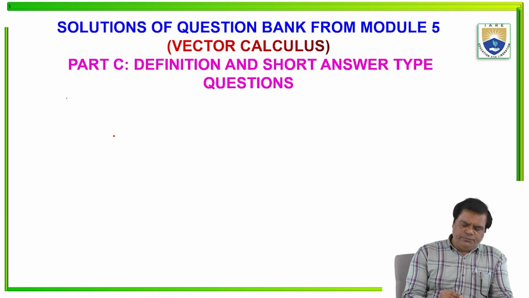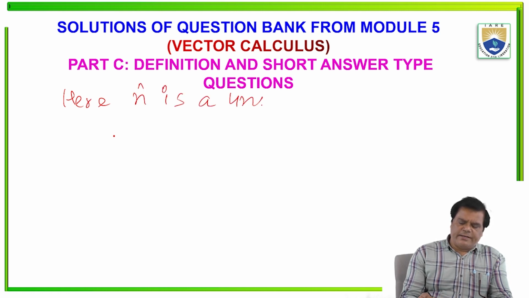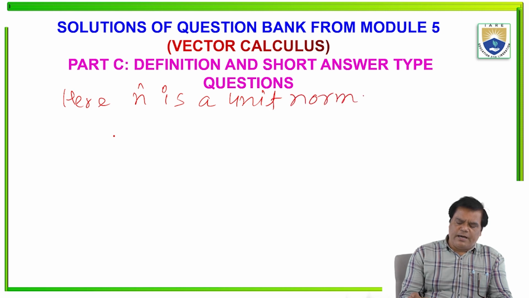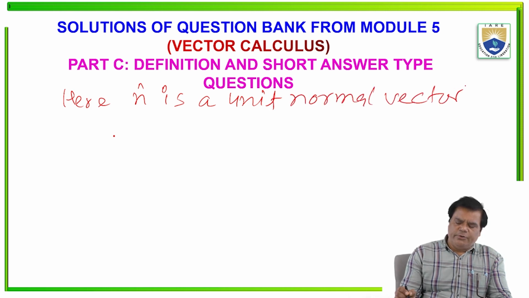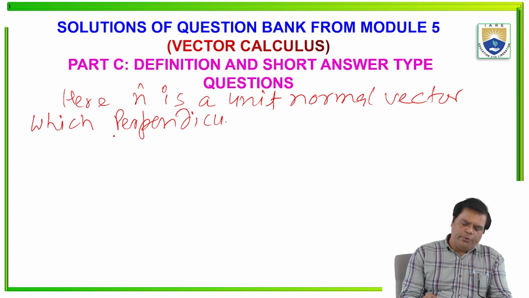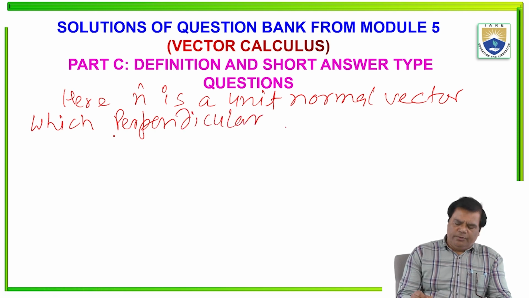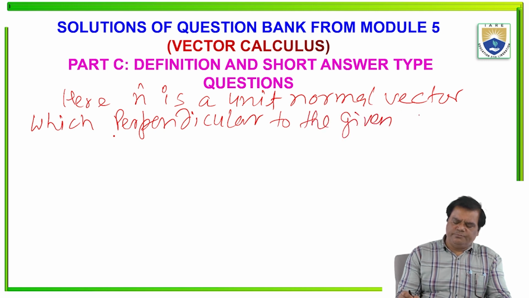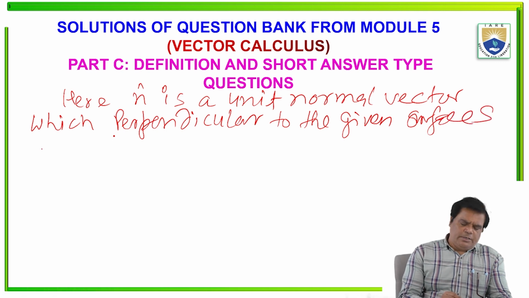Here n is a unit normal vector which is perpendicular to the given surface S, outwards.